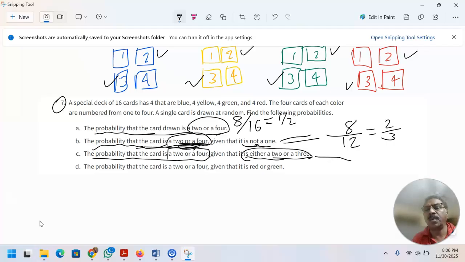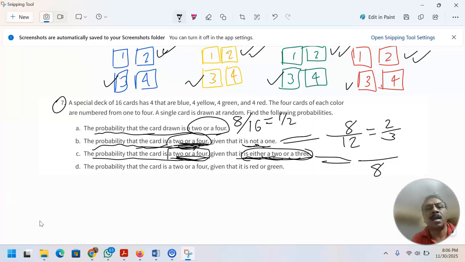So 8 cards are there altogether because you're being told that it is either 2 or 3. But then among these, how many are 2 or 4?